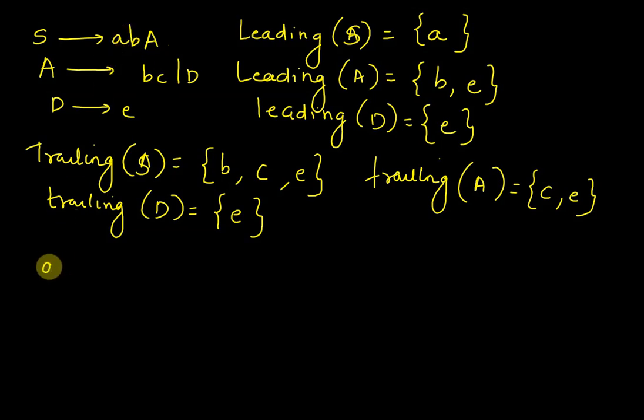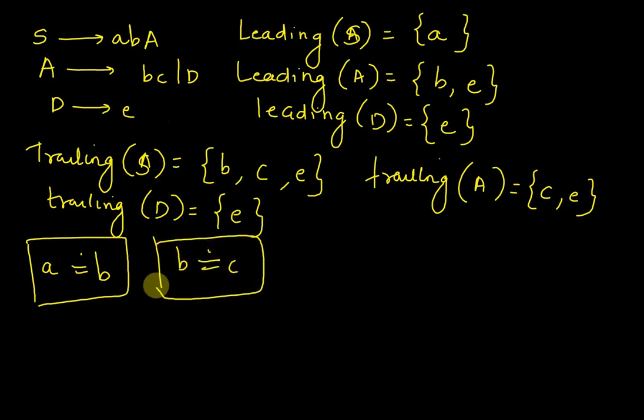So I can have the first rule as A has same precedence as that of B. Once I get this rule, I'll just put one box to this. Fine. Now the next rule is BC here. So again BC are consecutive terminal symbols, so I can define the rule as B has same precedence as that of C, and I put this in a box.